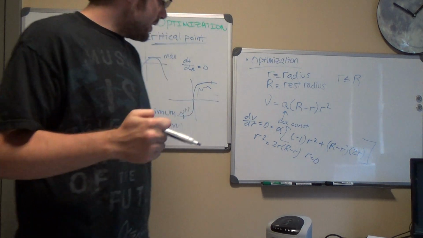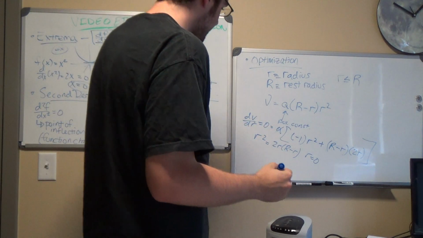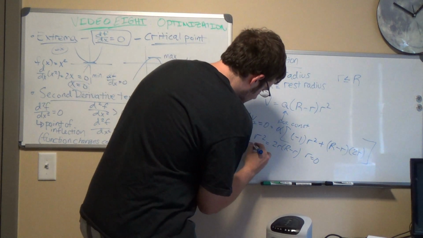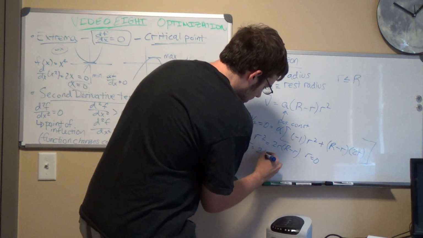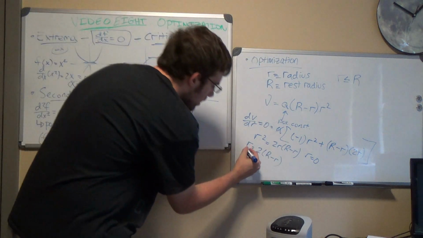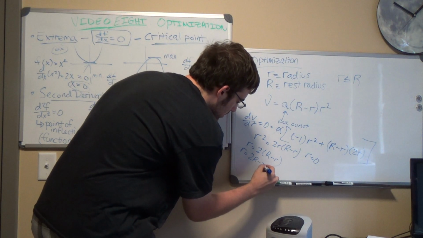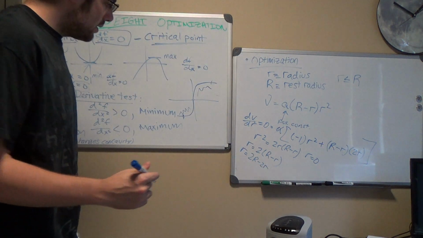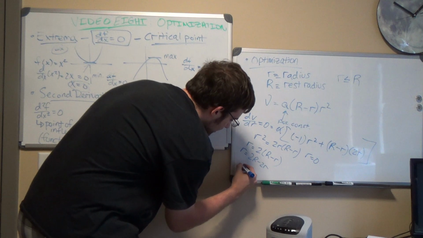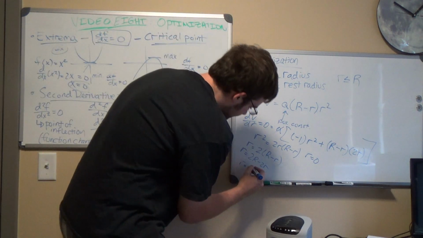And the other we can find by getting rid of these r's. So we have r equals 2 times R minus r. R equals 2r minus 2r, little r. Little r equals 2R over 3.